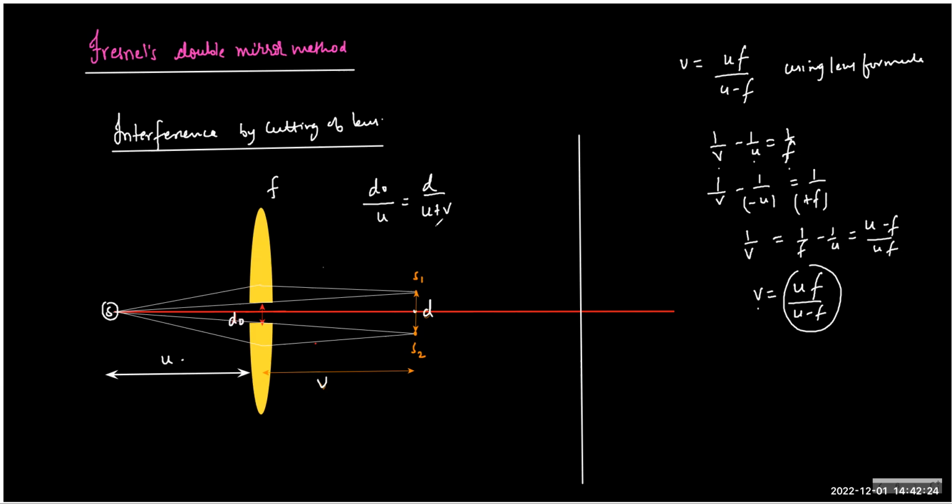For lower lens, it is D naught by 2 above. So the situation is a bit complex. There are two objects, because the principal axis will move along with the lens itself. As you move the lens, the principal axis will shift, like this.